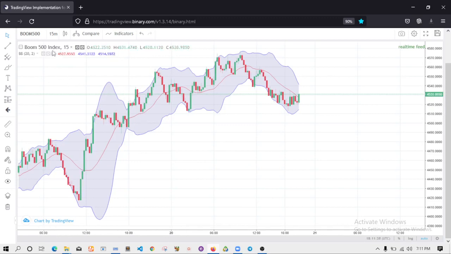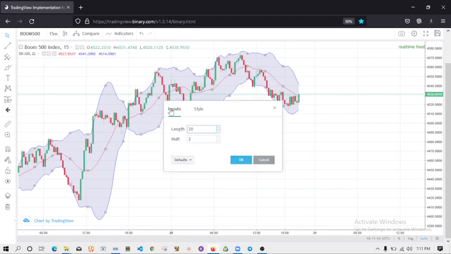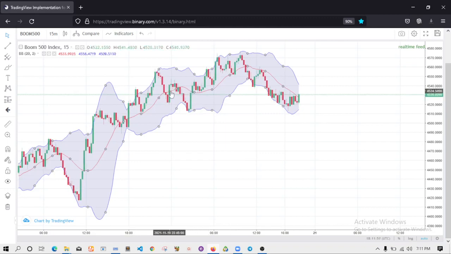Let me show you the settings. You tap on it, you see the length, that is the 20 moving average. Then you have the multiplier, which is two. After that you click on done. So basically you have the red 20 moving average here. Then the deviation, this is the second deviation.